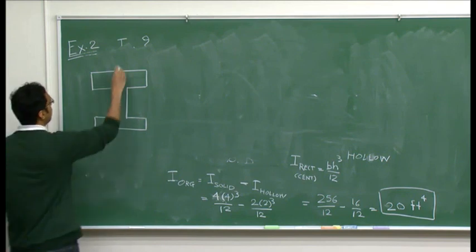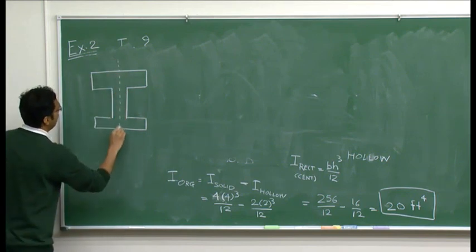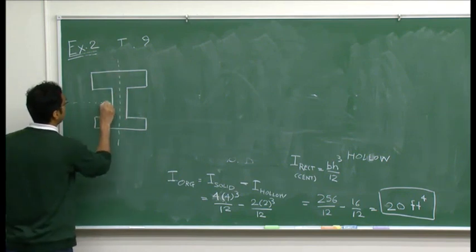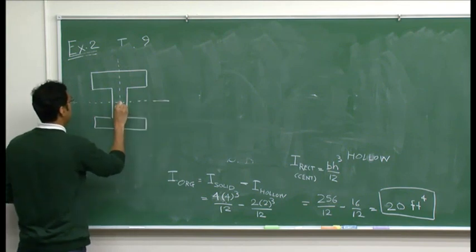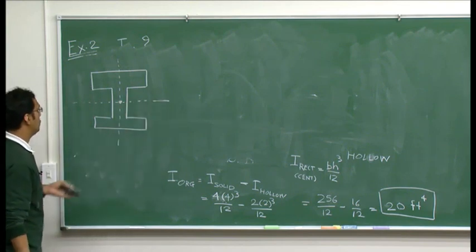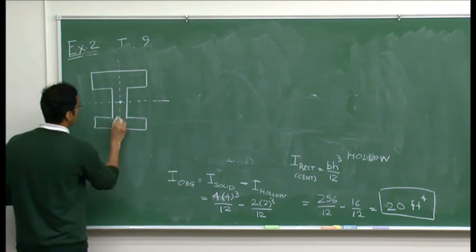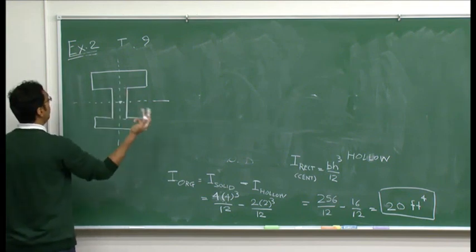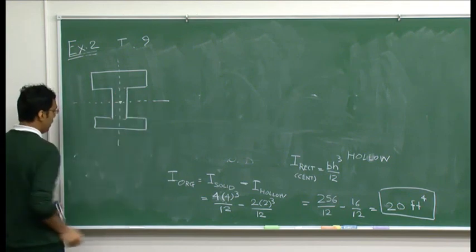So this is an I-beam, so obviously it is symmetric about both x and y axes, and this is the location of the centroid. So again, you can see there are different parts if you consider this as a composite area: 3 different parts, 1, 2, and 3.